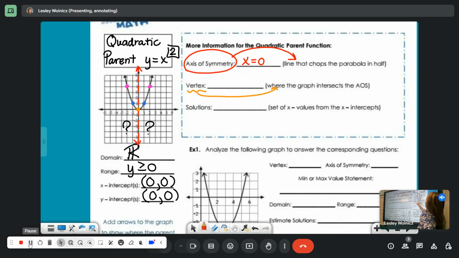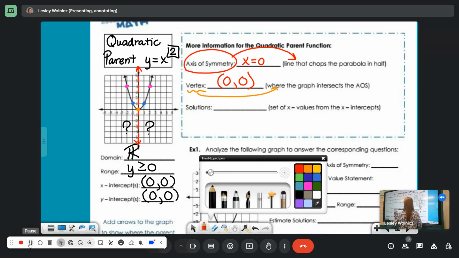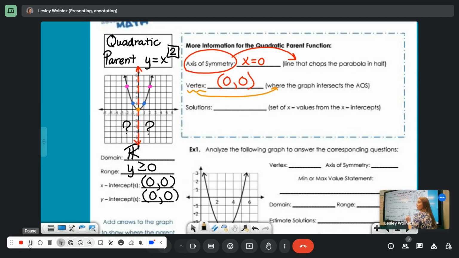So my vertex is what point? What are the coordinates of my vertex? Yes, for the parent. Yep. Okay, the solutions. The solutions are the set of x values from the x-intercepts.